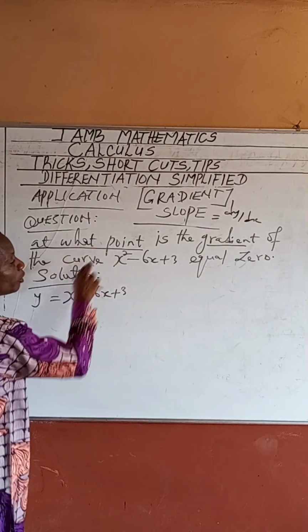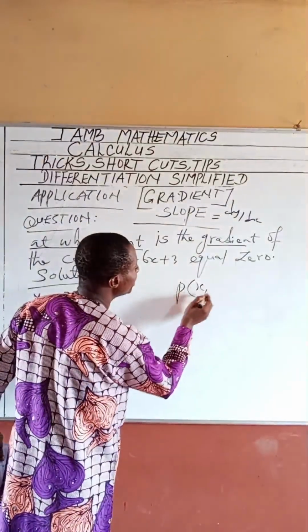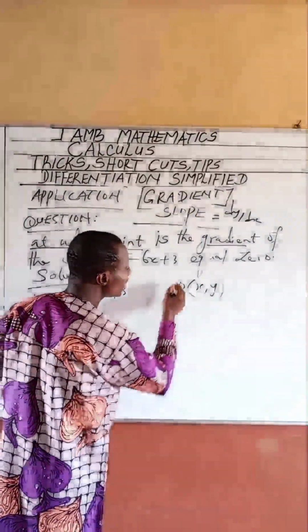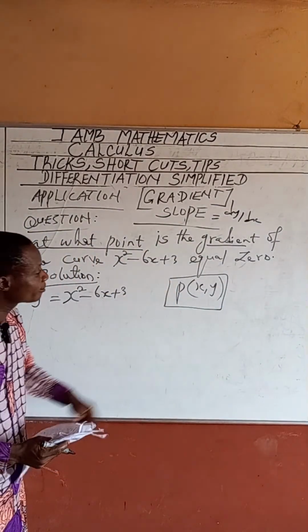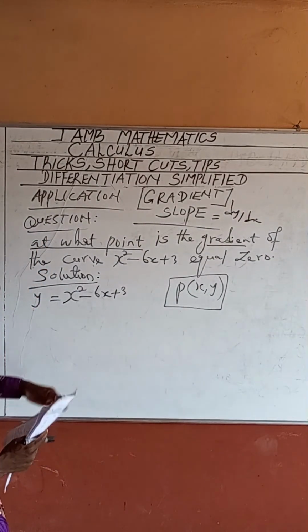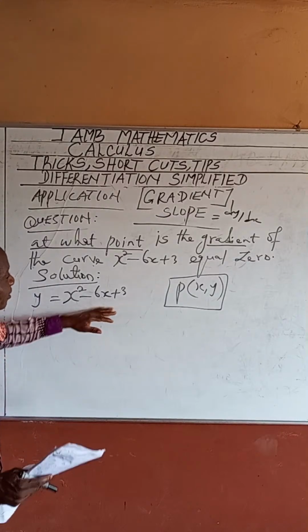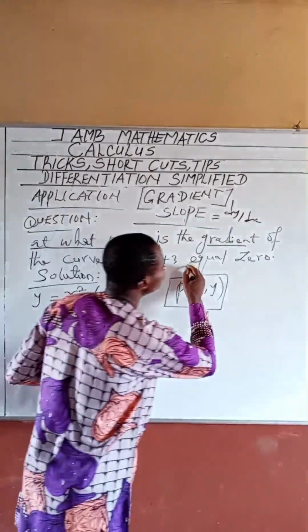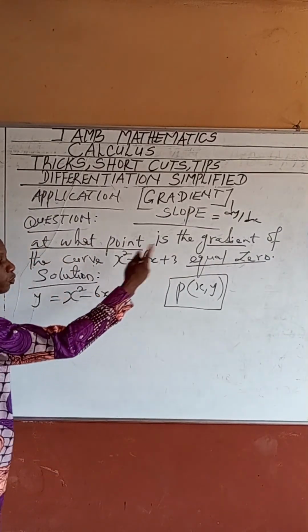At what point? So we are looking for the point, which means we are looking for P, for instance, x and y. This is exactly what we are looking for. So how do we find x and how do we find y? Let me tell you the trick. You are going to differentiate this and equate it to 0.